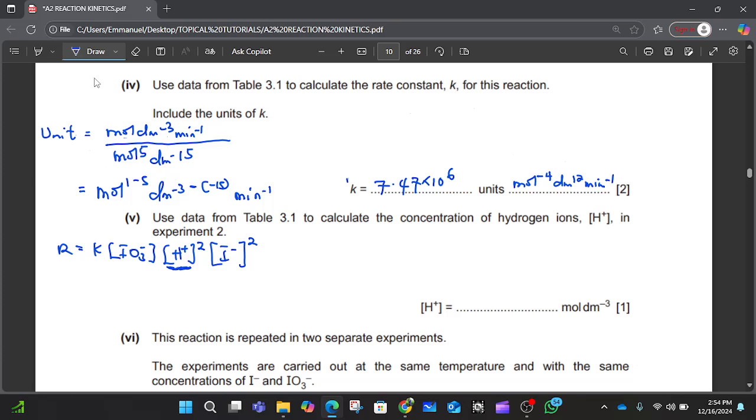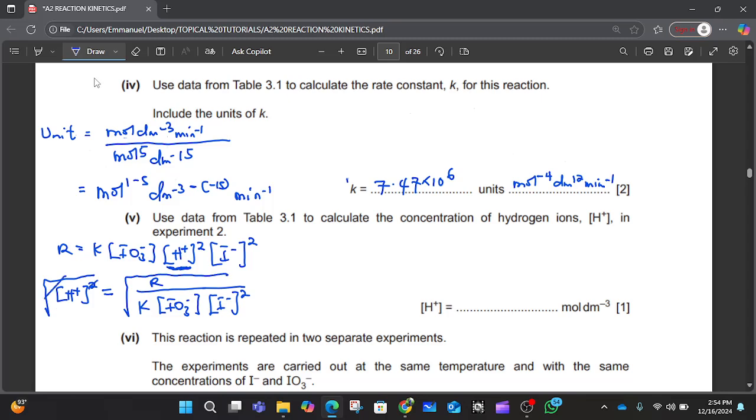And so it means that our H plus squared is equal to the rate divided by K times the concentration of IO3 minus times the I minus concentration squared. We can find the square root of both sides in order to find H plus ion concentration.